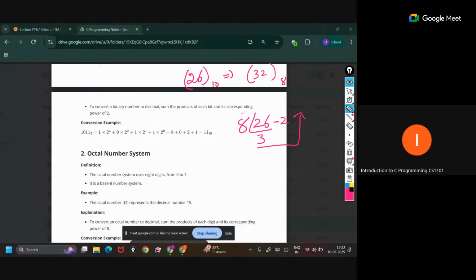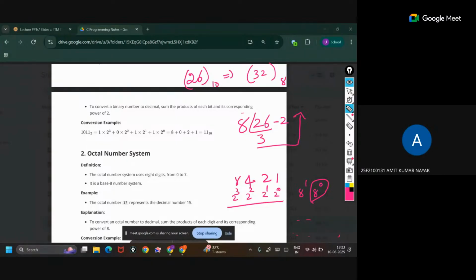So here, previously I took 1, 2, 4, 8. How does that come? 2 to the power of 0 is nothing but 1. 2 to the power of 1, 2 to the power of 2, 2 to the power of 3. Is it so? Yes, ma'am. Similarly, here I have to write 8 to the power of 0 and 8 to the power of 1. So what is 8 to the power of 0? 1.